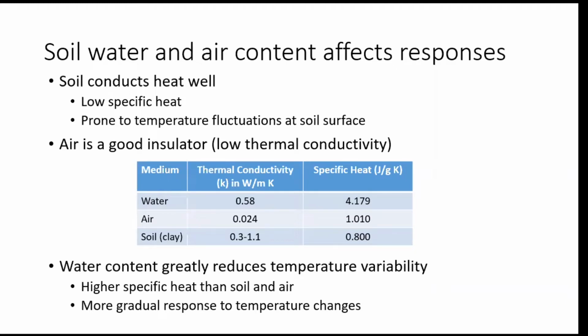So basically it means that the more water we have in our system, the more resistant to temperature changes it's going to be. The more air we have, the better it is at holding that temperature flux in place, and potentially could lead to greater variation in our temperature in any given period of time.